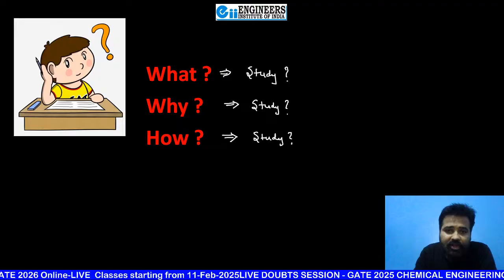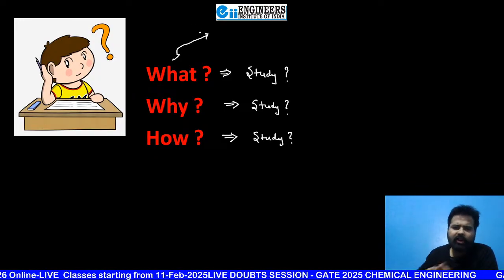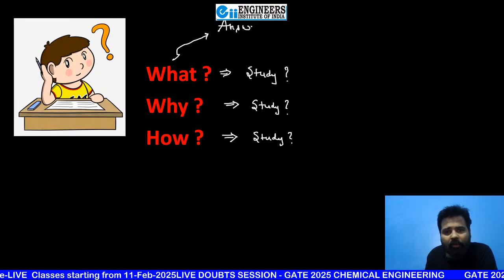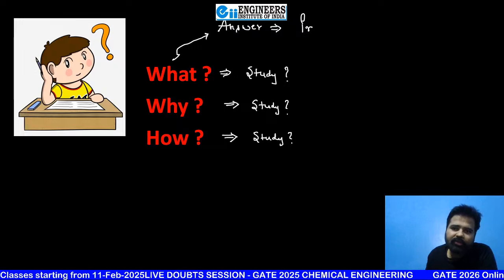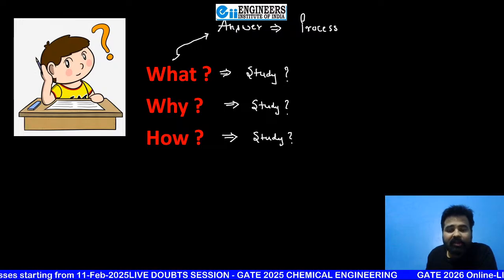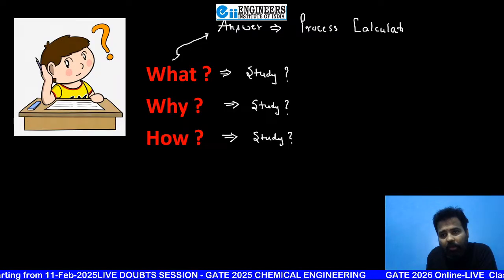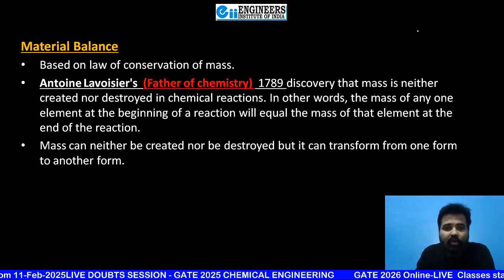For the question of what we are going to study, whenever you see it for any subject, the answer is present in the name of your subject. And my dear students, here the subject name is process calculation.